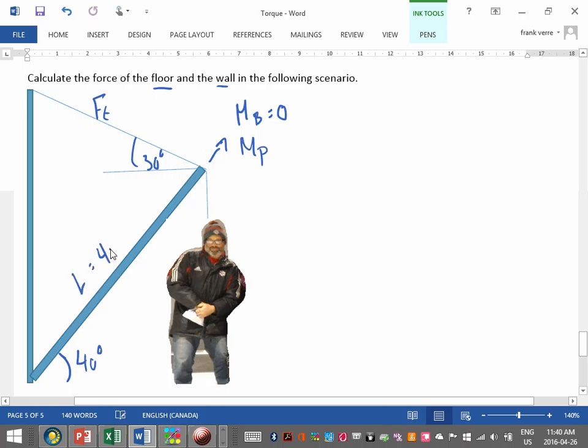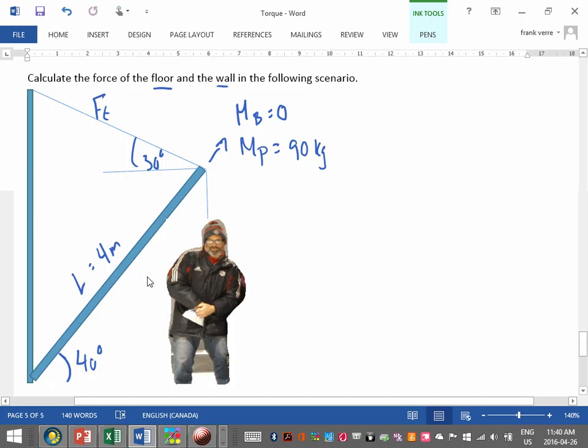We'll just stick with 4 meters, and the mass of the individual. Let's say we put him at 90 kilograms. Okay, we get a big lunch. All right. Now we're going to figure out the force of the floor and the force of the wall, okay?